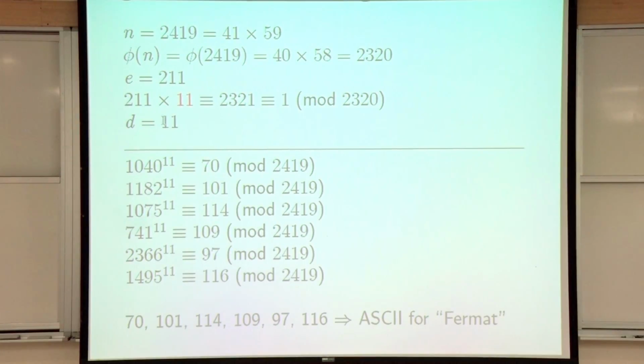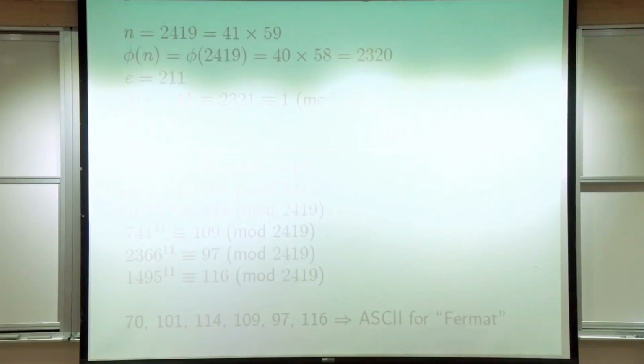And we want to find a D such that E times D is congruent to 1 modulo phi(n). So I don't have a very good systematic method to find D now. Oh, Euclid. So let's do this together.